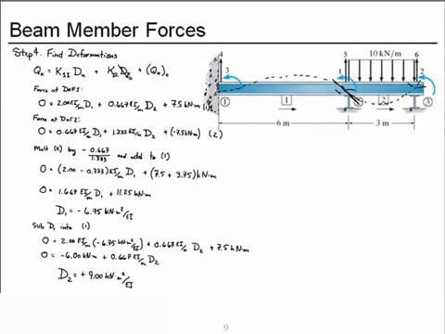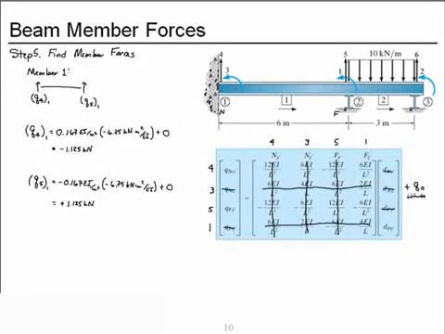We then used the stiffness coefficients and the fixed end forces to find deformations. And for this beam, since there are only 2 unconstrained degrees of freedom, we only need to solve a system of 2 equations and 2 unknowns. And I showed how to do that by hand, and we obtained the 2 deformations, and we confirmed that the directions of those made sense.